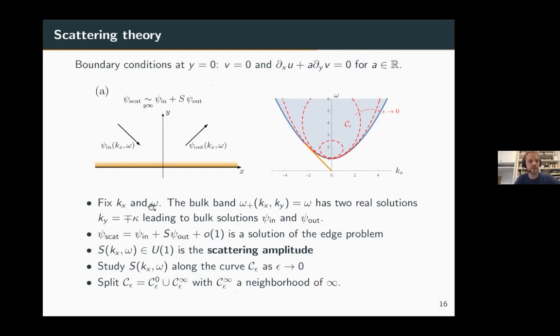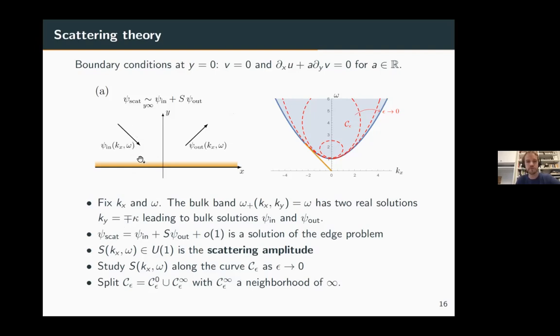Okay, so what is our scattering theory here? So kx and omega are conserved quantities, so we can work at fixed value. Then you can look at the solution of what are the ky such that this equation is satisfied, where omega plus is the expression for the upper eigenvalue. In the bulk, this has two real solutions that correspond to two plane waves, and they are not solutions of the edge problem.